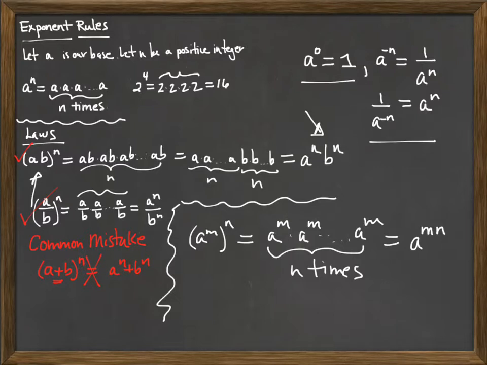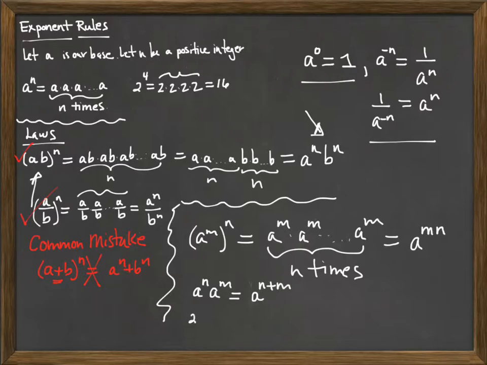All right. Another rule is if I multiply like bases that are raised to different exponents. So a to the n times a to the m is actually equal to a to the n plus m. We can see that with an example.